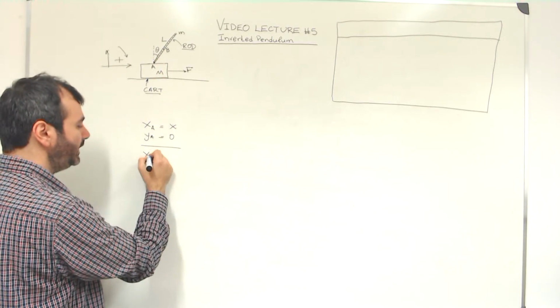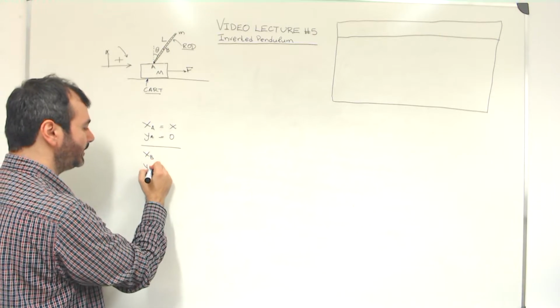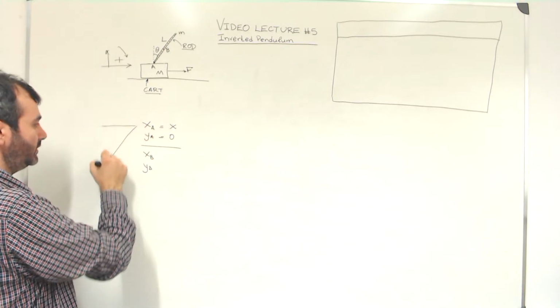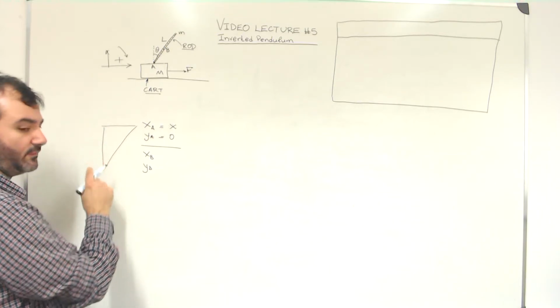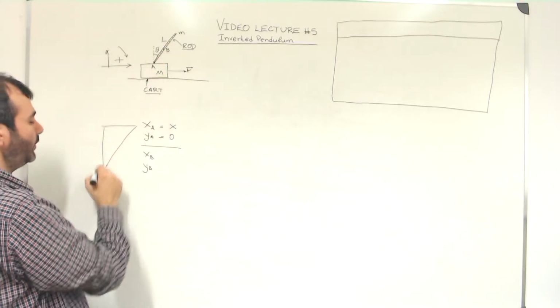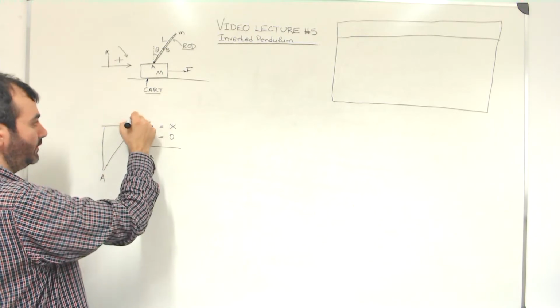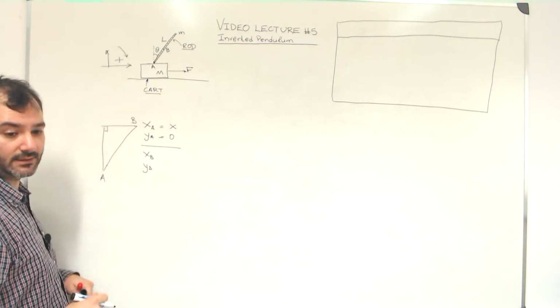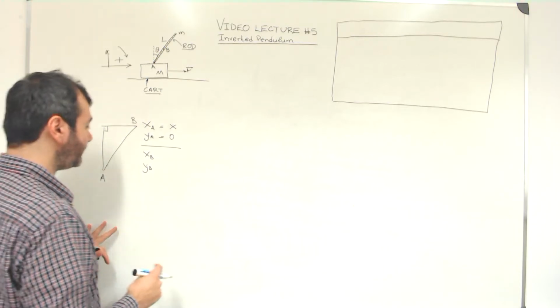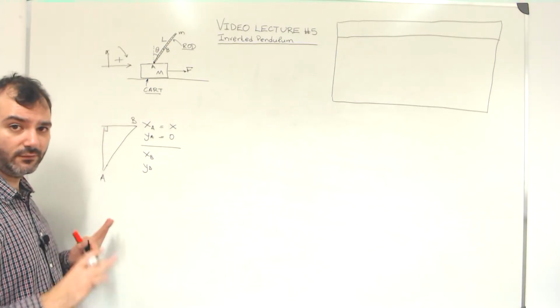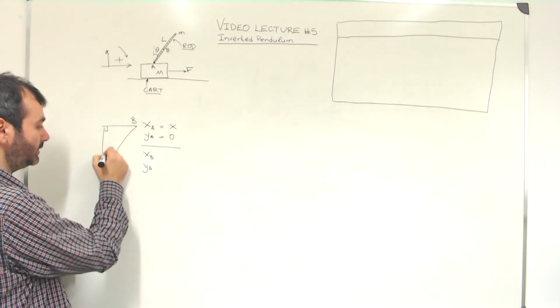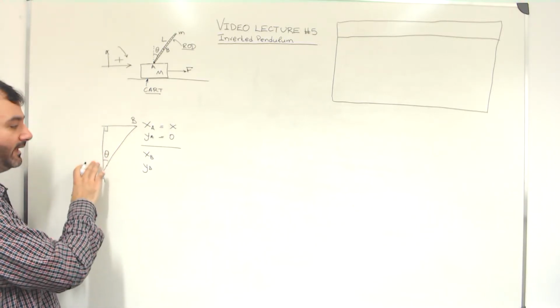What about point B now? What is XB and YB? To answer that question, let us focus on this triangle between point A, point B, and the vertical line. This is a right triangle. I know I'm at the end of the frame, I'm just trying to use the whole whiteboard today. This is angle theta here.